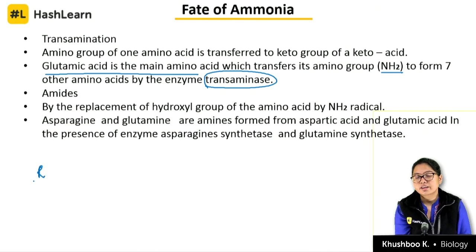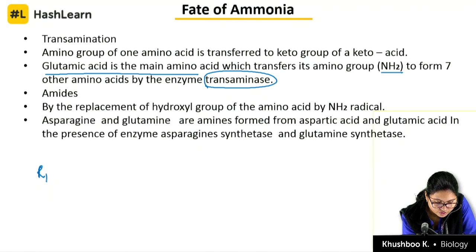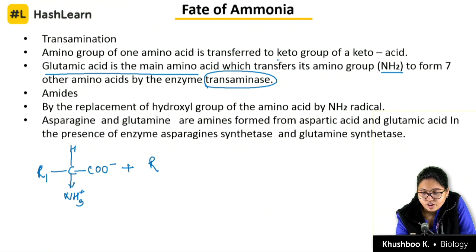I am just explaining the transaminase process. If we recall the structure of amino acid from the chapter biomolecules, you have a carbon, in that you have an R group attached, and then here we have the amino group, and then COO minus. This will combine with a keto acid, or the keto group of a keto acid. So you need a keto group here.